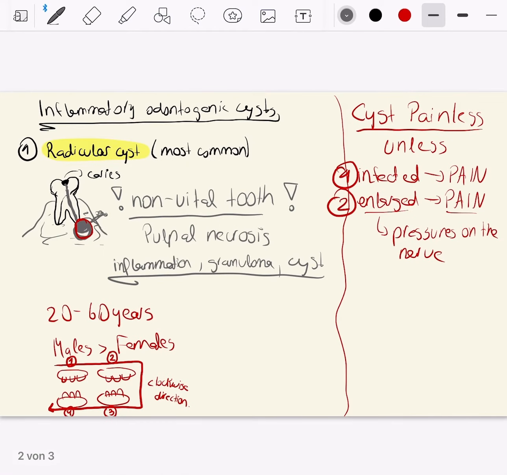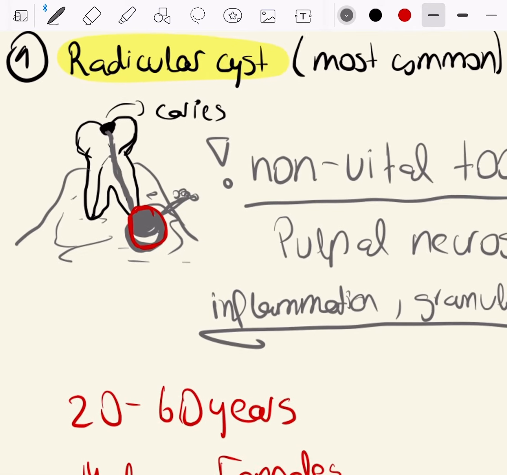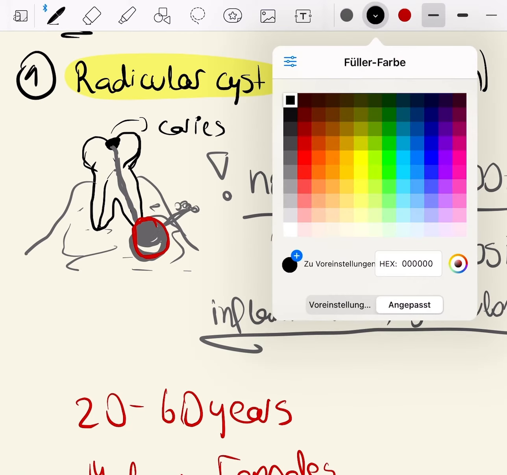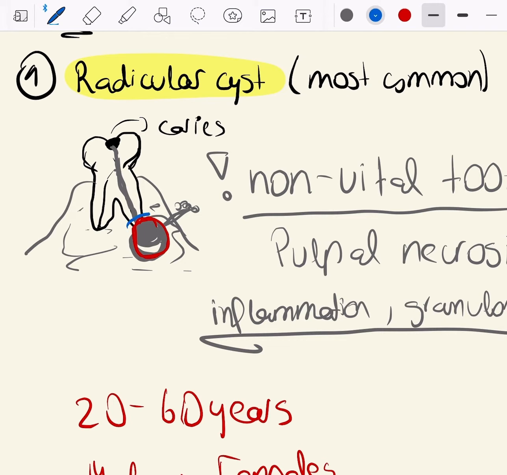We can say for radicular cyst, also lateral radicular cyst. So it can happen here in the periapical. I would just use another color. There is here the periapical radicular cyst, and it can also happen in the lateral area.